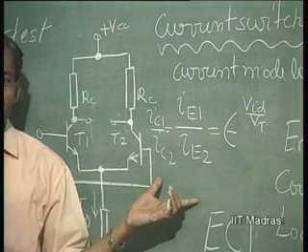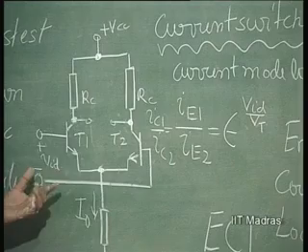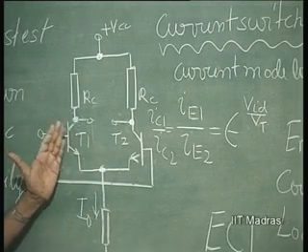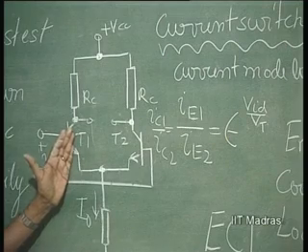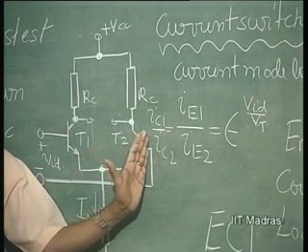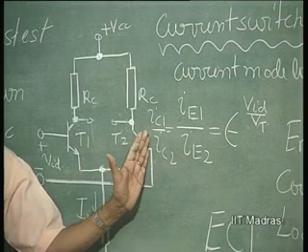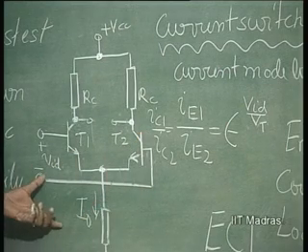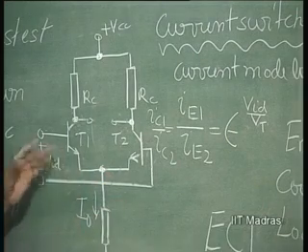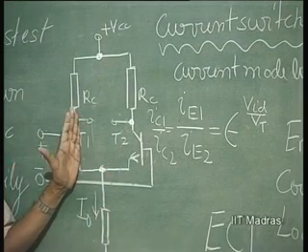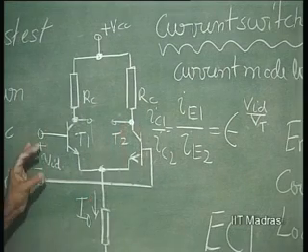But in all such situations, we say that the current is completely switched over to this transistor when this transistor gets 90% of the total current and this transistor has 10% of the total current. Is it clear? This is always the case in making a measure of what kind of voltage you require for such drive. So, I want this transistor to get 90%, this transistor to get 10%, that will be one voltage.